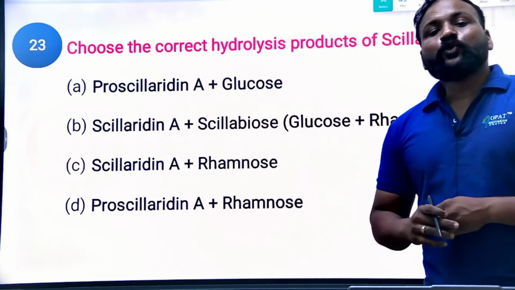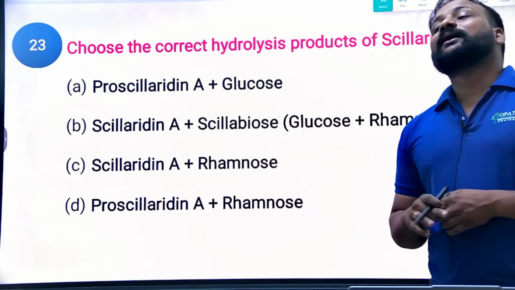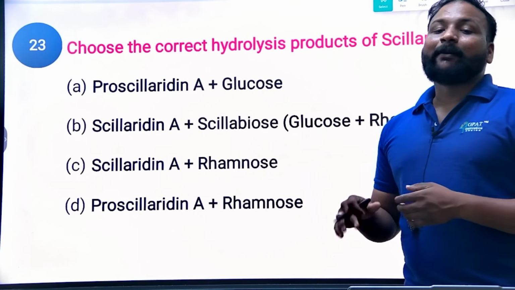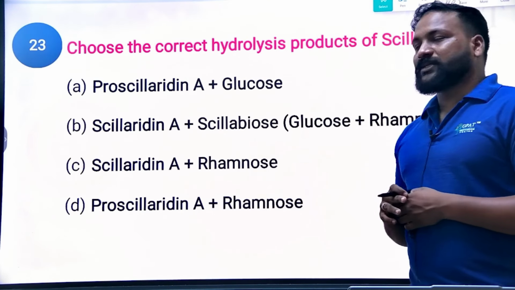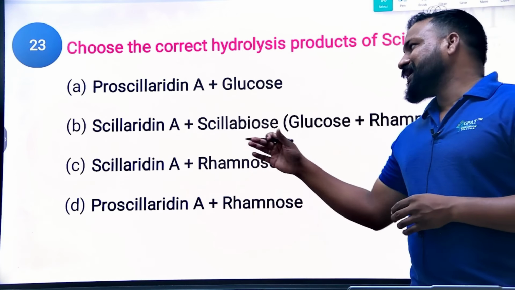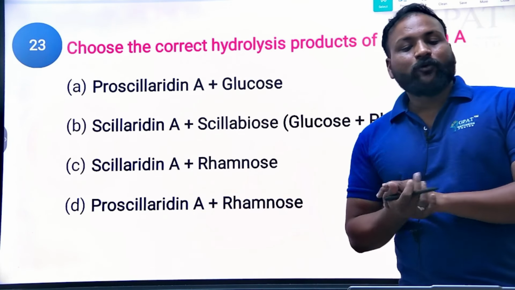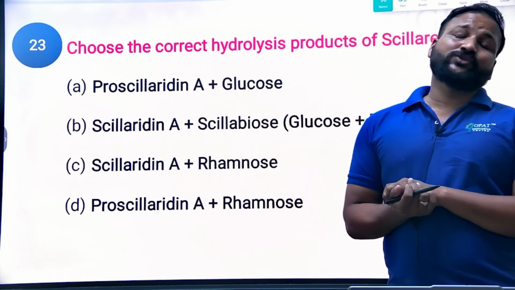Next, choose the correct hydrolysis product of scillaren A. It is a chemical concept of squill. Upon hydrolysis, scillaren A gives proscillaridin A and glucose, or scillaren A and scillabiose, that is glucose and rhamnose, or scillaren A and rhamnose, or proscillaridin A and rhamnose. What is the right answer?